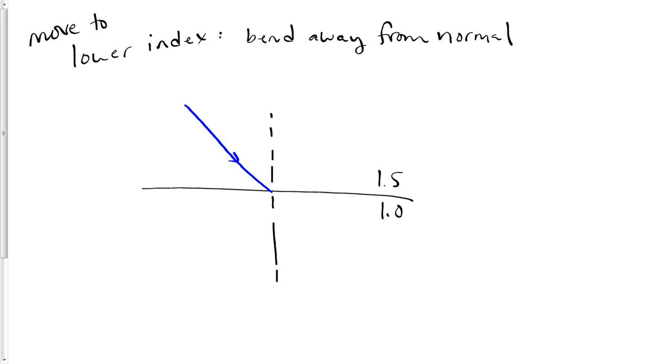Comes in, bends out. So in this case, theta I is going to be less than theta R. As you move to a lower index, you bend away from the normal line.